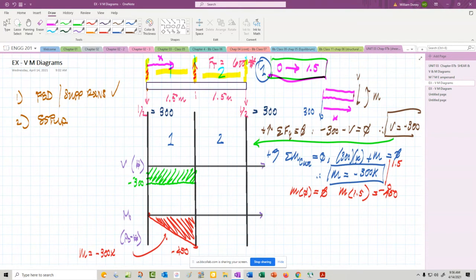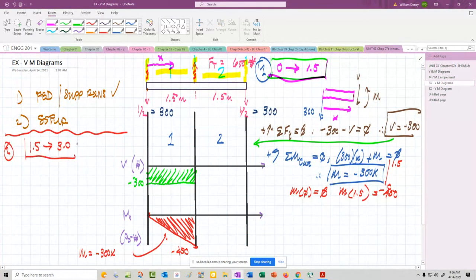All right, so how do we do the second section? Well, there's two ways to look at the second section. Section 2 will go from 1.5 to 3. I mean, it really goes from all the way from 0 to 3. We're not just taking section 2 by itself.